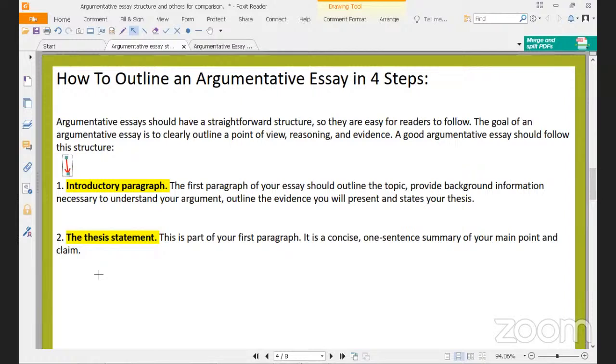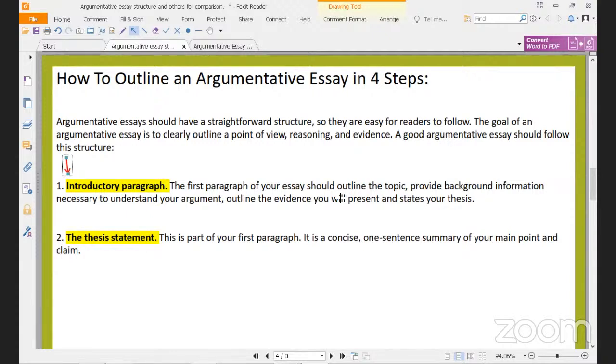Yes. So pretty much similar, but check it out. You have to outline the evidence. Not in deep detail, but just to make sure that you give enough information to get the first attention of the reader.